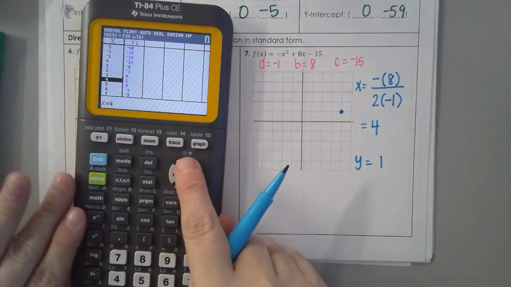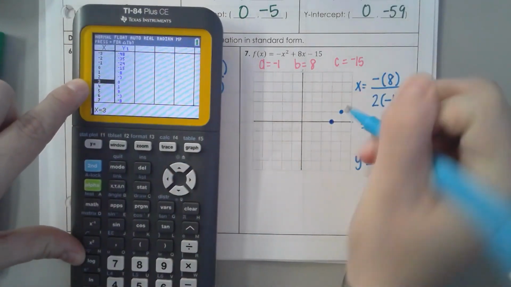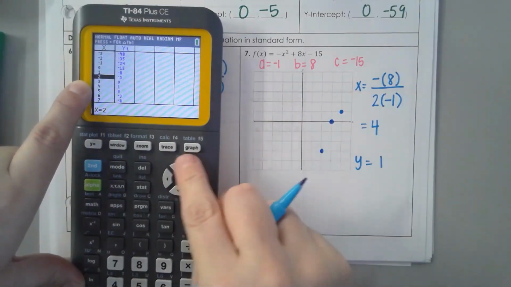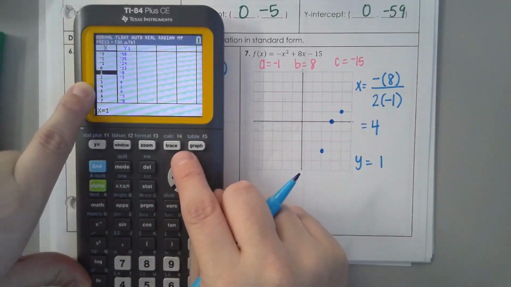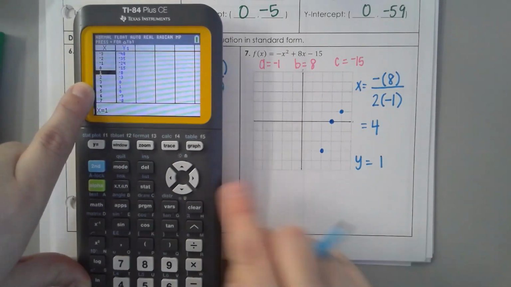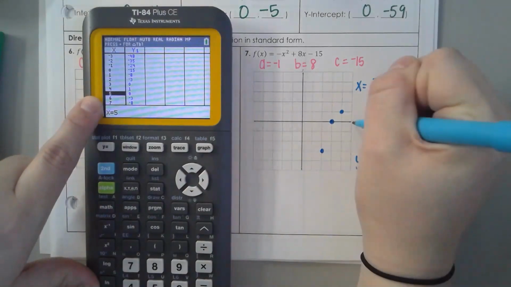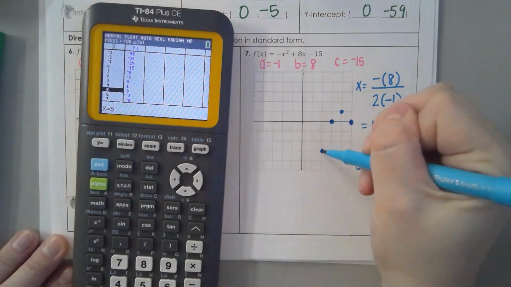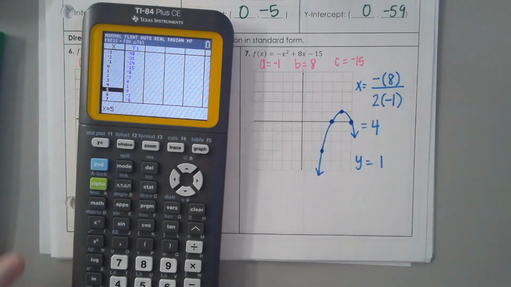If my vertex is 4, 1, I can look before that, and I have 3, 0, 2, -3. If I kept trying to go, I would have 1, -8, and my graph doesn't go all the way to -8. Now if I go on the other side of my vertex, I have 5, 0, and that's the only other one that'll fit. And so that's what my parabola looks like.